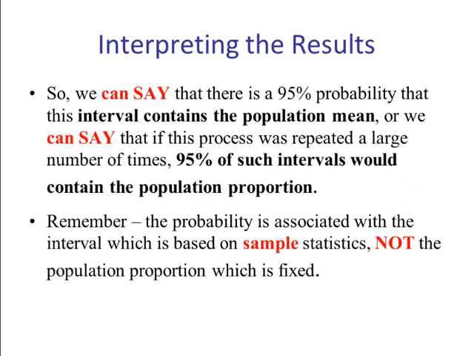So we can say that there is a 95% probability that this interval contains the population proportion, or we can say that if this process was repeated a large number of times, 95% of such intervals would contain the population proportion. Just remember, the probability is associated with the interval, which is based upon a sample, not the population proportion.